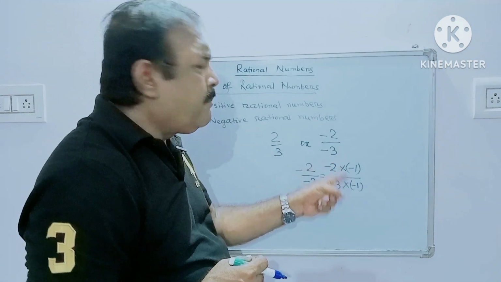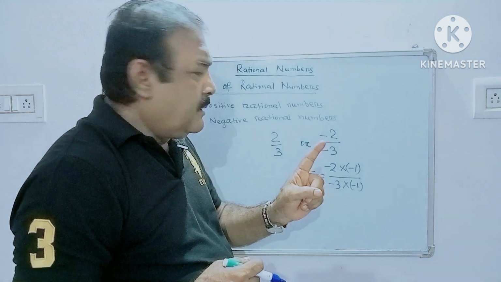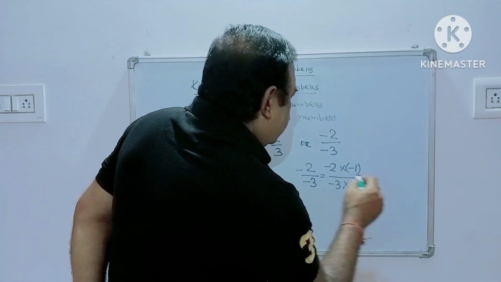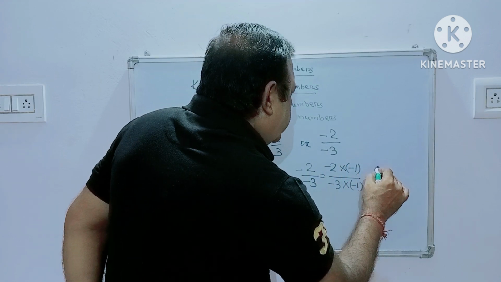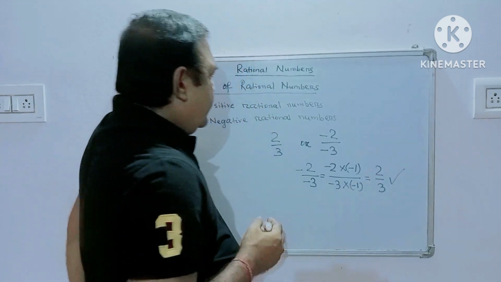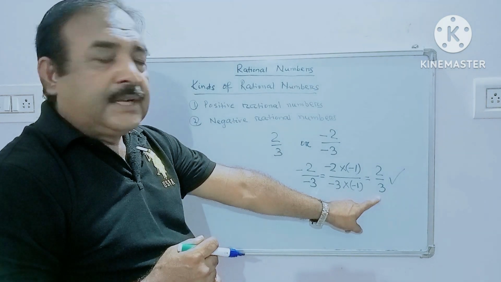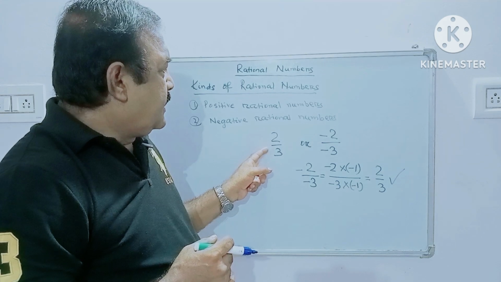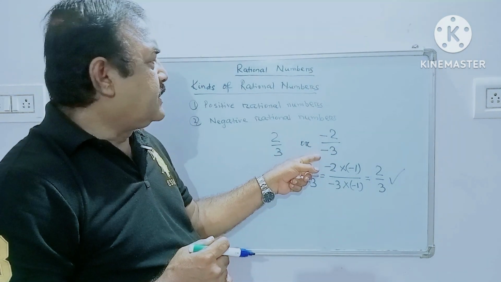That means I have multiplied nothing, because minus 1 upon minus 1 is 1. But you see the result, minus into minus is plus, so 2 into 1, that is 2 upon 3. So you tell me, is it a positive rational number or not? Both the numerator and denominator should be positive. So minus 2 upon minus 3 is also a positive rational number.